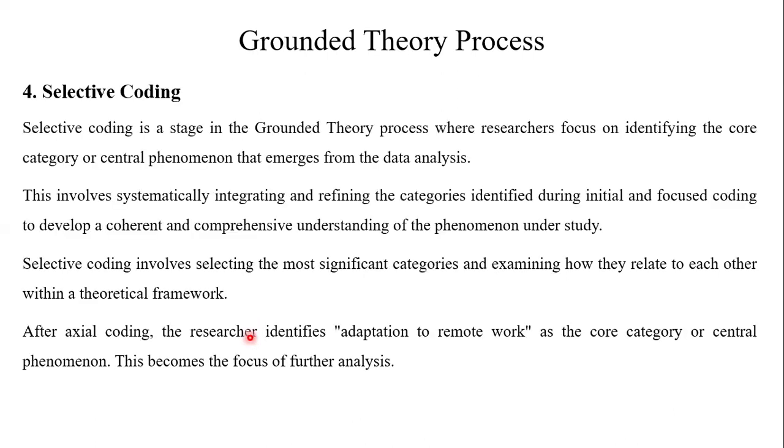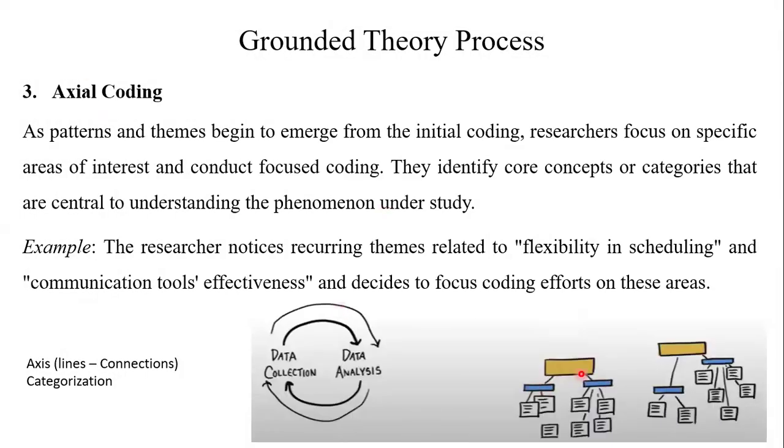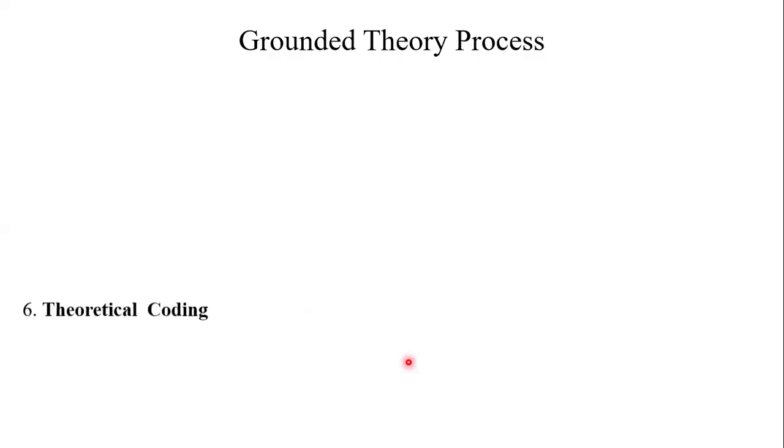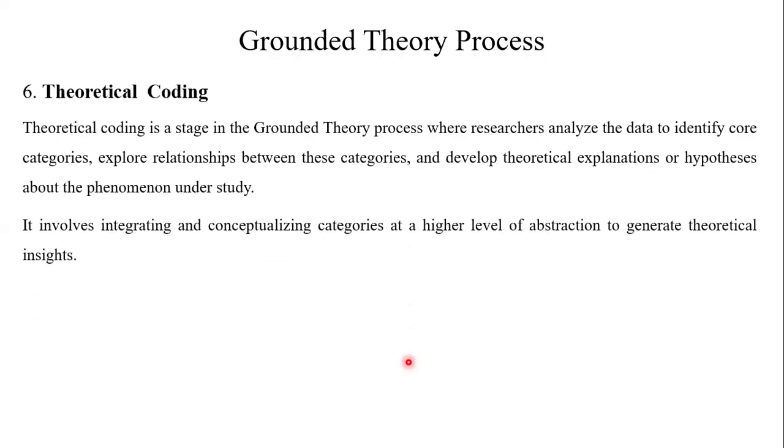Like I have told you in case of selective coding, here you have found some picture. So what kind of relationship exists between this part and this part, whether it positively impacts this core code or negatively impacts this core code. So this is all done in the theoretical coding process.